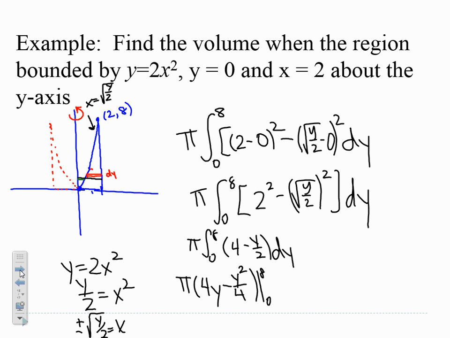So our answer is 8 times 4, minus 8 squared divided by 4, minus 0. So what's our answer? 16 pi.